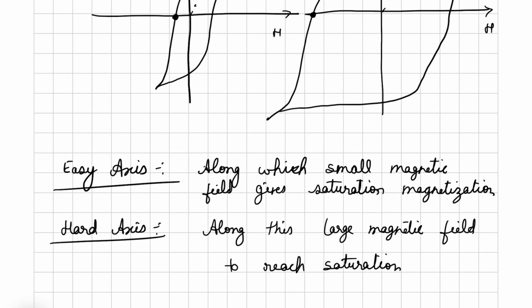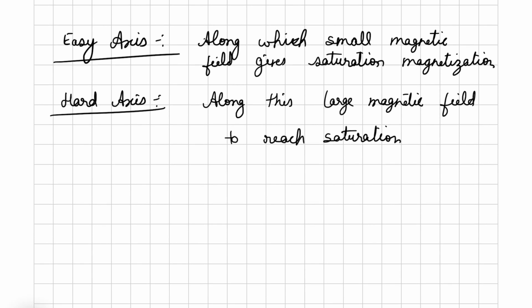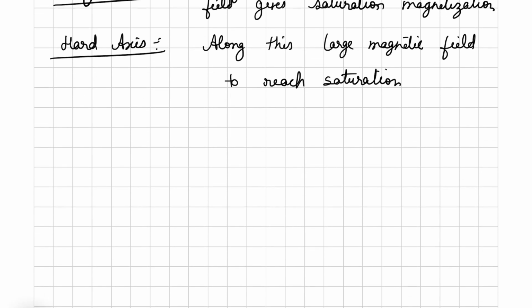So your crystallographic direction is going to define the magnetic properties of the system. Okay, so let's begin. I just want to introduce this concept. We are not going to derive or understand it deeply.